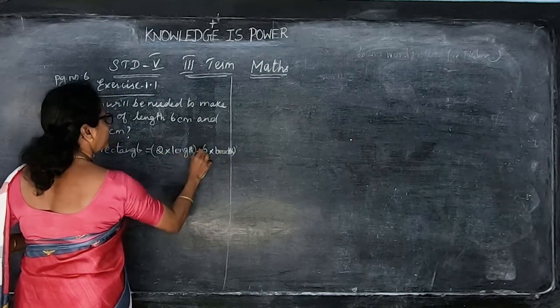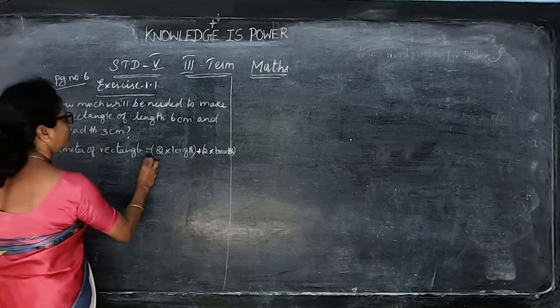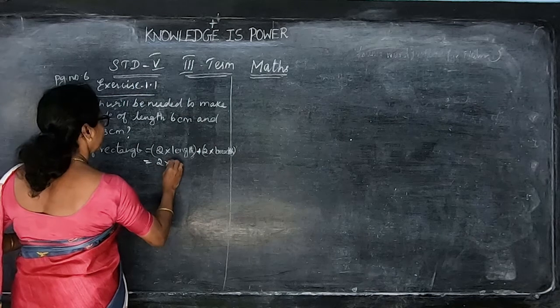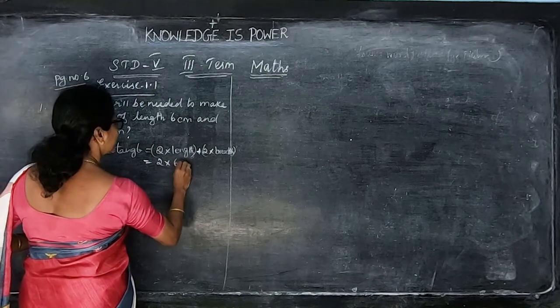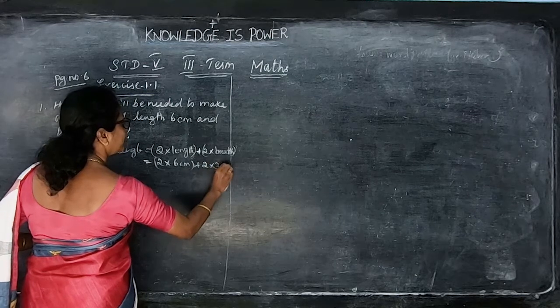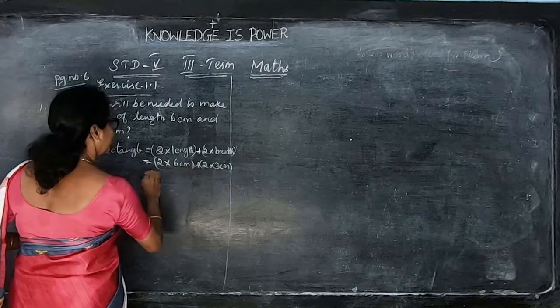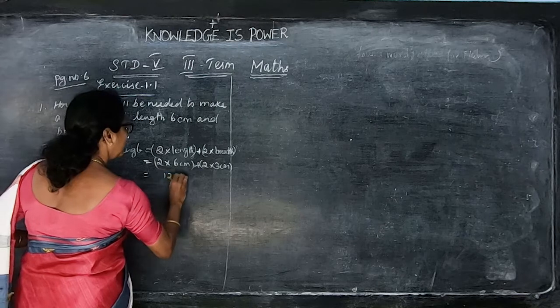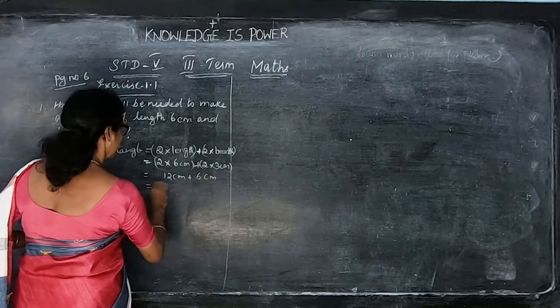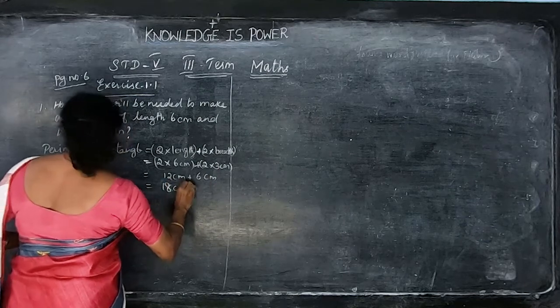So 2 into length plus 2 into breadth, that is equal to length they are given 6 centimeter and breadth they are given 3 centimeter. So 2 into 6 centimeter plus 2 into 3 centimeter. So that is equal to 2 sixes are 12 plus 2 threes are 6. That is equal to 18 centimeter.